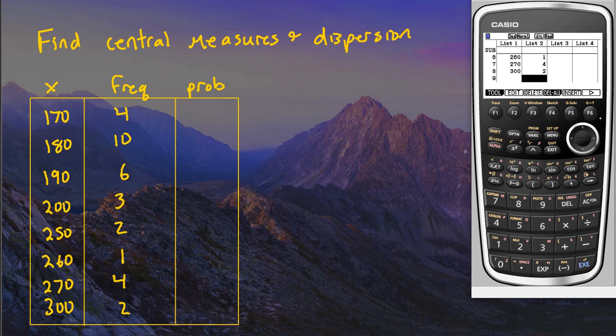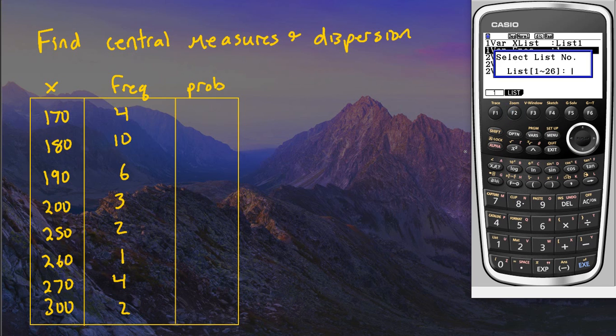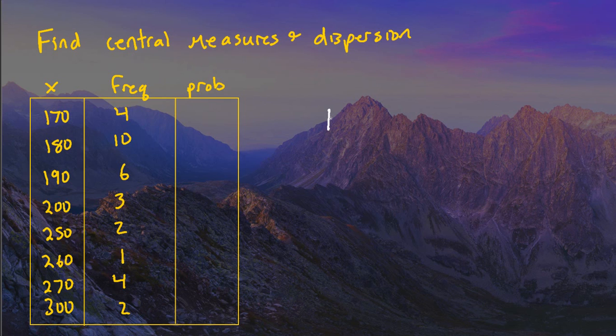2. All right, so I'm going to now press this over key until I find calc. I'm always going to check my setup. And this time, I'm not going to populate list 2 with a bunch of 1s. I want to actually use the list that has the frequency, so it's list 2. And now I'll exit and go ahead and do my one variable statistics. So my mean is 208.